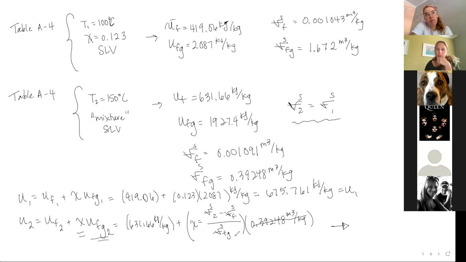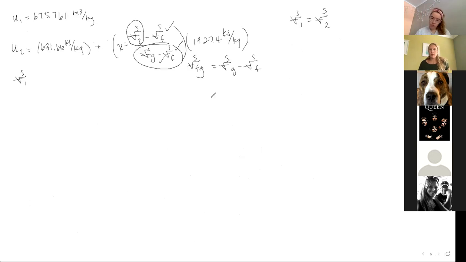This is our U sub fg, 1927.4 kilojoules per kilogram. So this should be Uf, this should be Ufg. These are quality. So Uf, Ufg, solving for quality.